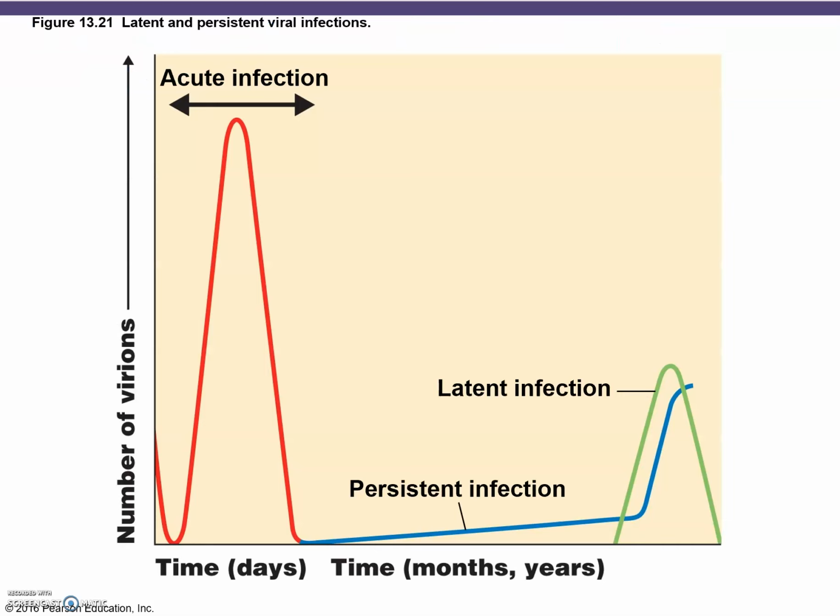So here we have an example of what it could look like when you have a latent infection, a dormant infection, let's say cold sores. Lots of people are infected with this virus that causes cold sores, and then they have an acute infection at first, and then it may stay latent for a lifetime. But then it could be that it gets reactivated due to some event, maybe massive UV exposure.